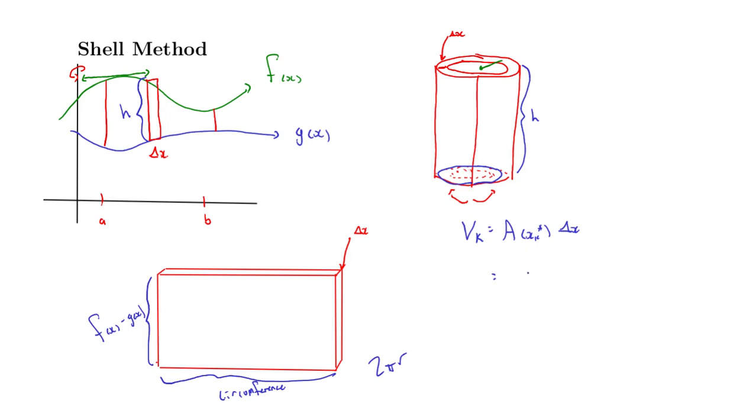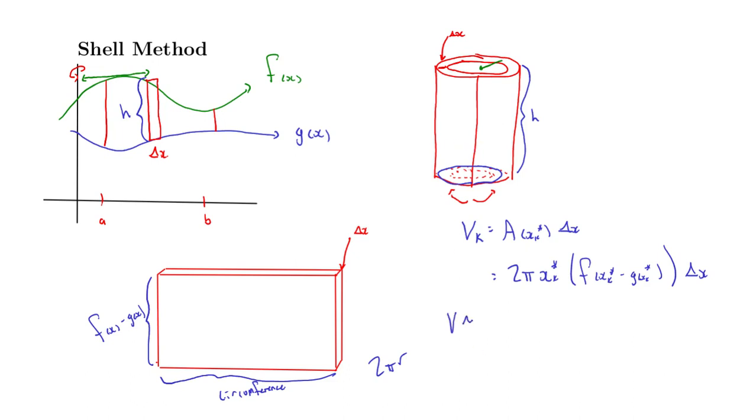Our area, we said, was going to be the circumference, 2 times pi times whatever x value we were looking at, x sub k star, times the height of our cylinder, f of x sub k star, minus g of x sub k star, times delta x. That is the volume of the general kth cylinder shell.